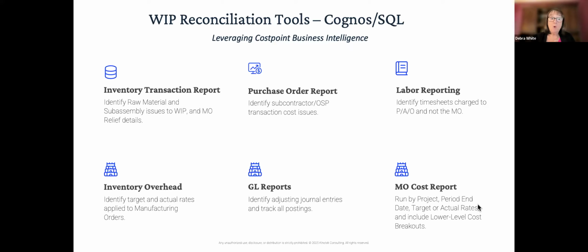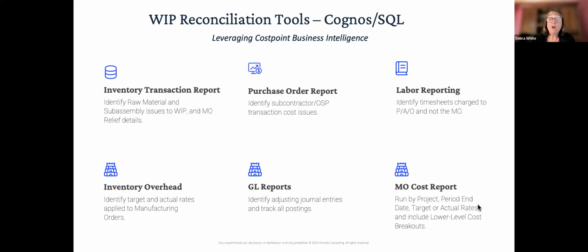Now, the next three reports we're going to talk about, or data dumps, or however we want to call these things, or pool this data, inventory burden or overhead. So, as part of your month end close, you compute your actual rates. You basically build your rate application table.